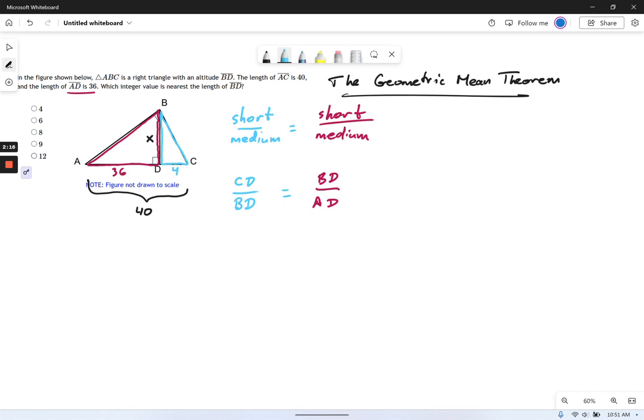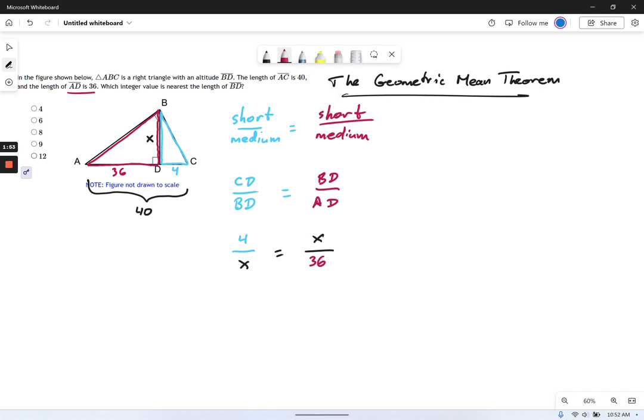And now let's put these numbers in as best we can into our ratio, our geometric mean theorem here. If CD is 4, and I don't know what BD is, we're just going to call that X, and that's equal to X, BD, divided by AD. Remember, AD is 36. Look what we have. We have a ratio.